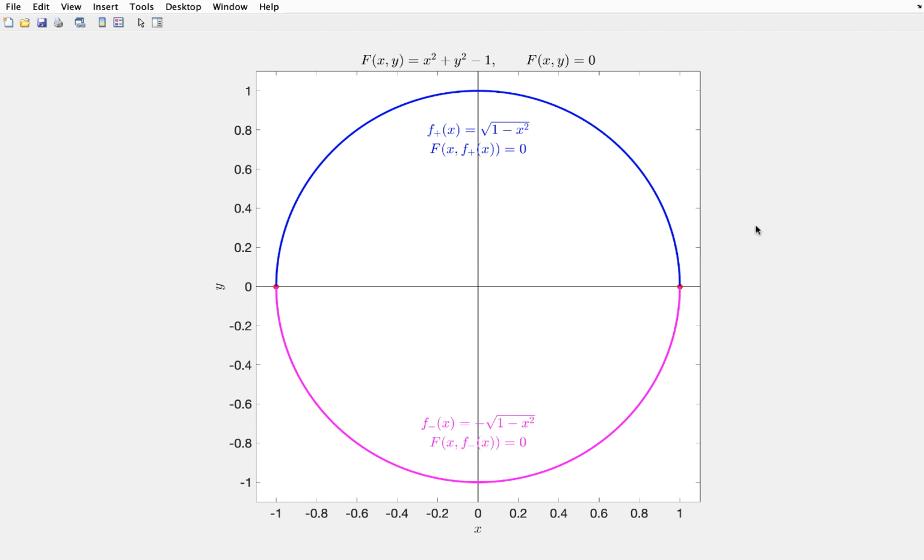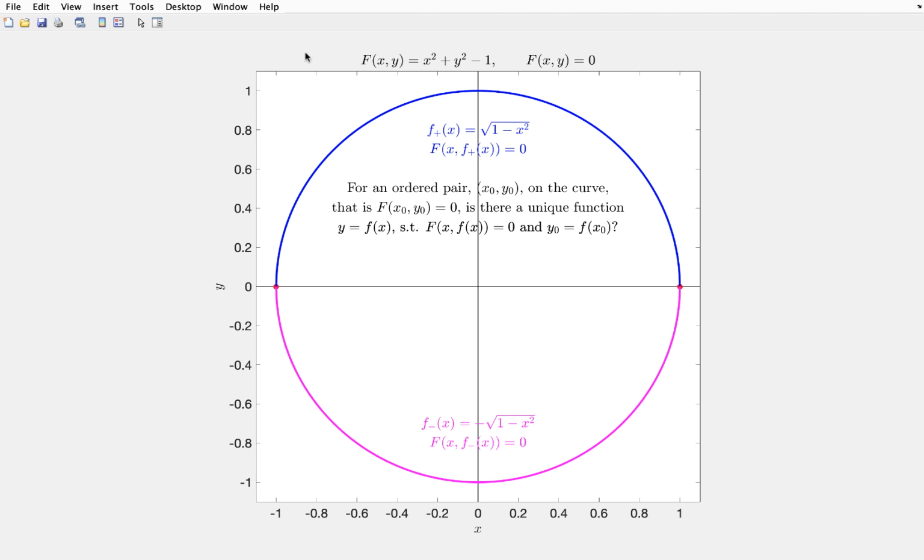So there is no function that captures the implicitly defined curve in its entirety, but there is a function that captures different parts of my implicitly defined curve. So consider the question, for an ordered pair x naught, y naught, on the curve, meaning f of x naught, y naught is 0, is there a unique function, y equals f of x, such that f of x comma f of x equals 0?